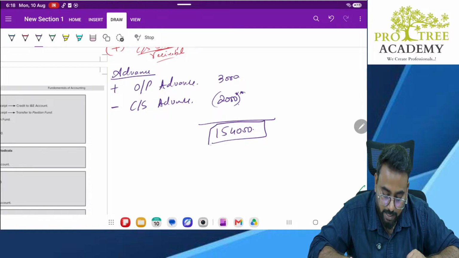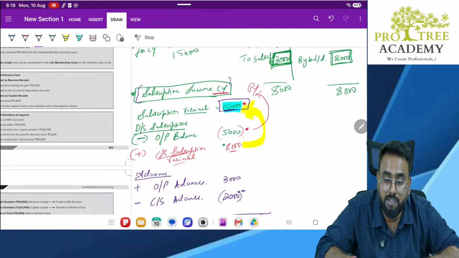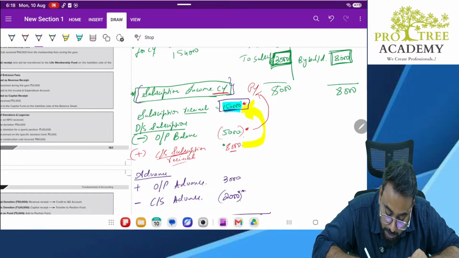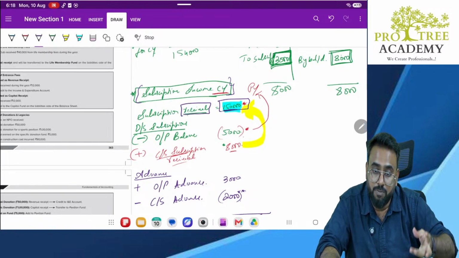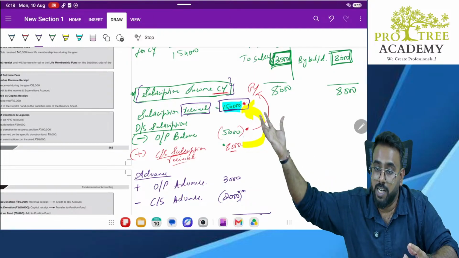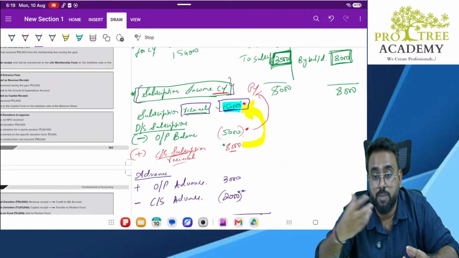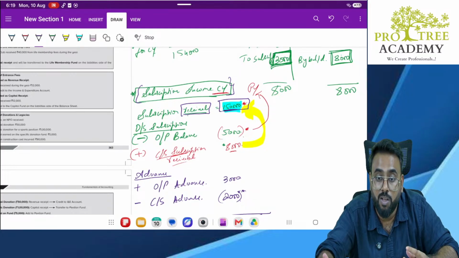See, sir, the thing is, they have not directly given you subscription income. Instead, they have given how much subscription has been received. The subscription which we have received can contain last year's outstanding subscription received in the current year. It can contain advance subscription for next year. Correct or no? Yes.